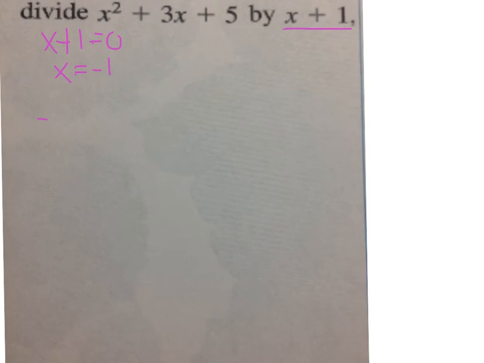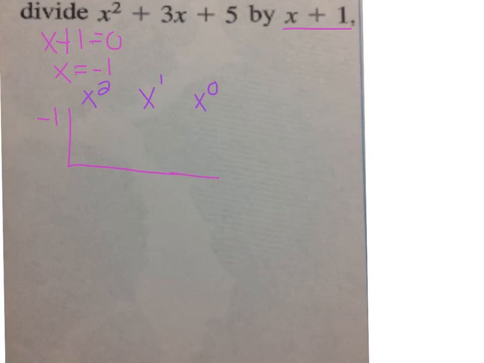So I'm going to put that on my outside. Remember, I'm drawing the little L-shaped box figure. Alright, over here, we know that we're starting with x squared on top. We're descending to x to the first power, and then x to the 0. Luckily in this one, we don't need any placeholders because we have all the variables in descending order.